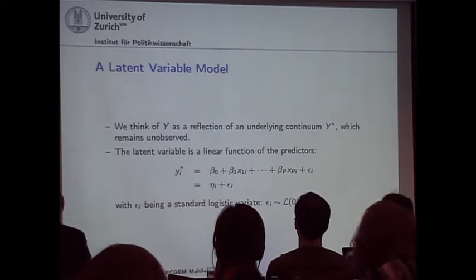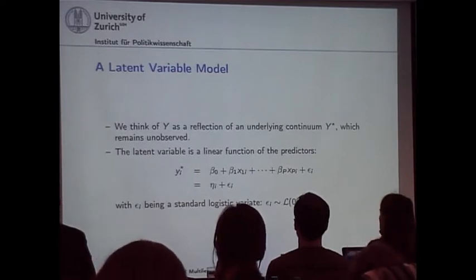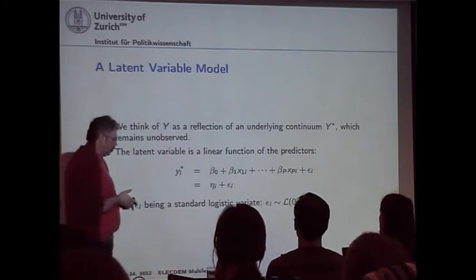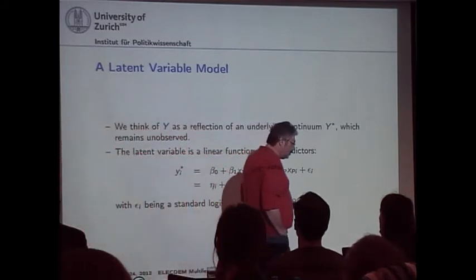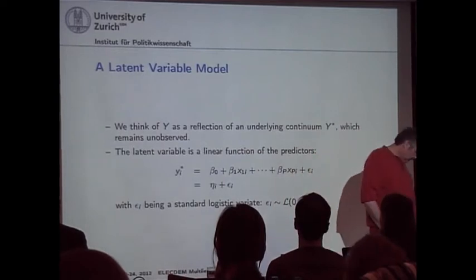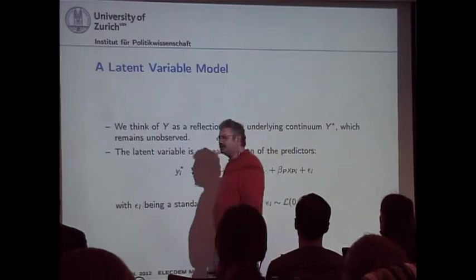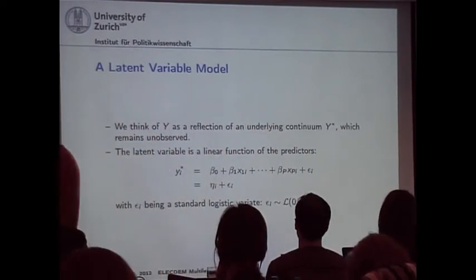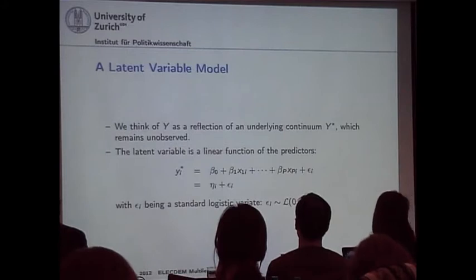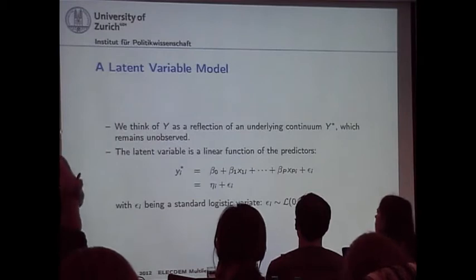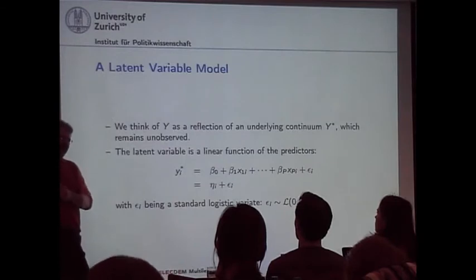When we adopt that idea, then we say, well, this 0-1 variable that reports whether someone voted for Labour or not is in some ways a very crude reflection of an underlying continuum where we could measure with infinite precision what a person's propensity to vote for Labour is.